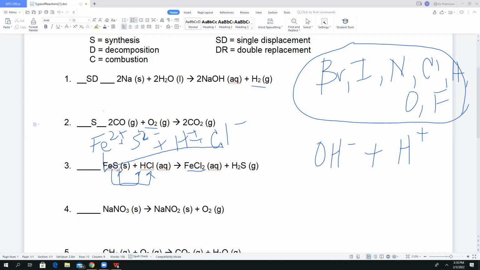And then the last one is the sulfur, and the sulfur and the hydrogen are going to join and make hydrogen sulfide. In this case, it's not hydrosulfuric acid because it's in the gaseous form, and then is known as hydrogen sulfide. Okay, so this is what is known as a single displacement.